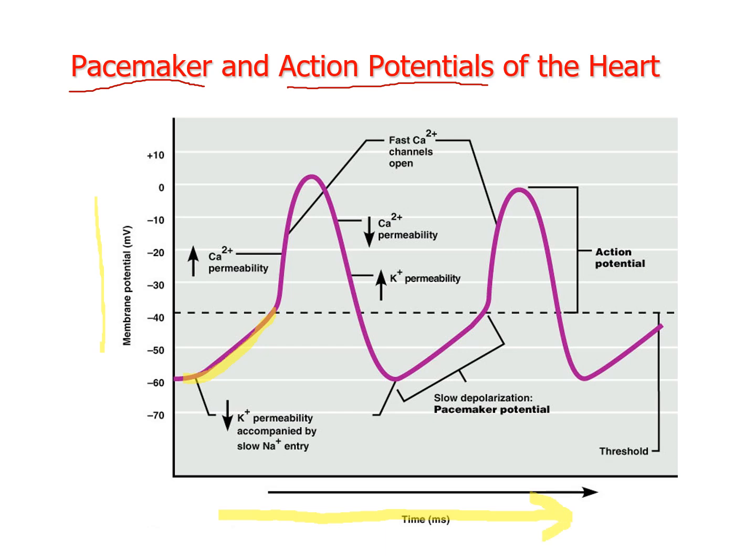Because of the activity, I'll explain it in a minute, you get a constant steady slope upwards of depolarization until it hits the threshold, generating what's called an action potential, a very quick change upwards, positive, and then it repolarizes, comes down, and then it starts again. Slow depolarization, that's called the pacemaker potential. When it hits the threshold, again, another action potential, and then it comes down, repolarizing, then depolarizing, etc.